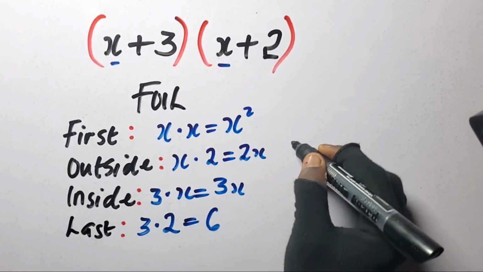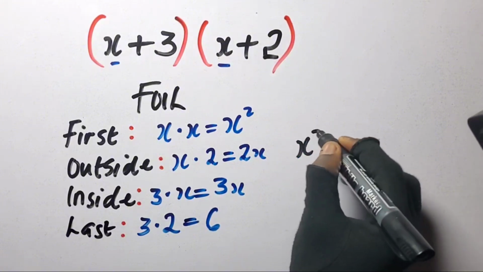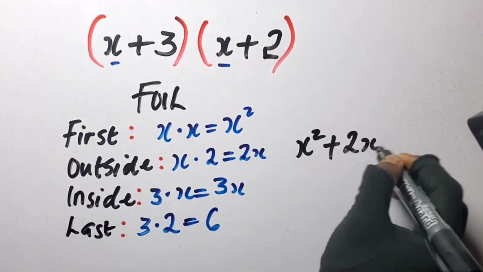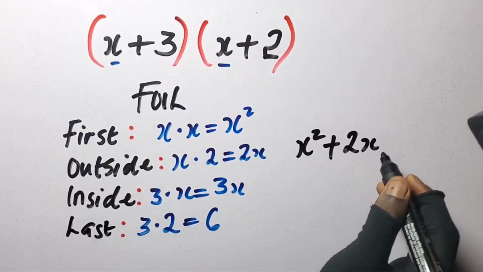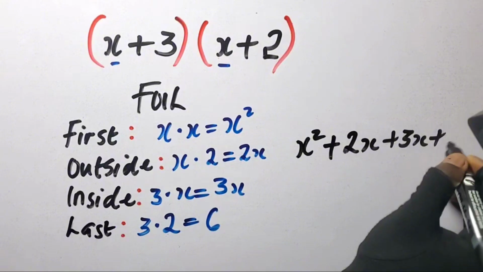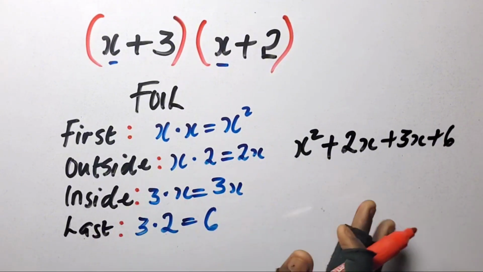So it's gonna be like this. So the solution would be x squared plus 2x plus 3x plus 6. So, are we done?